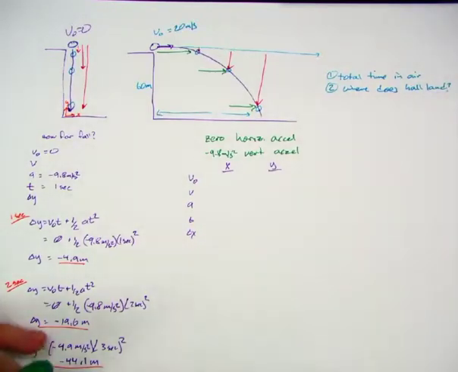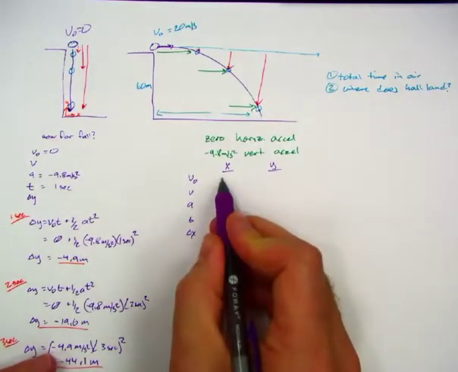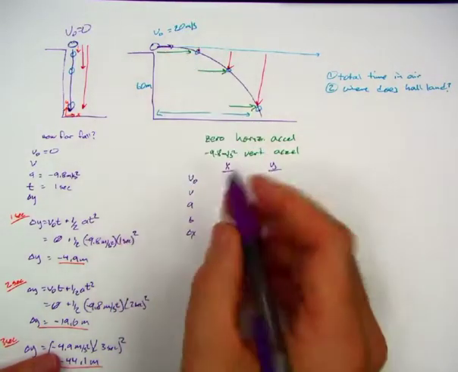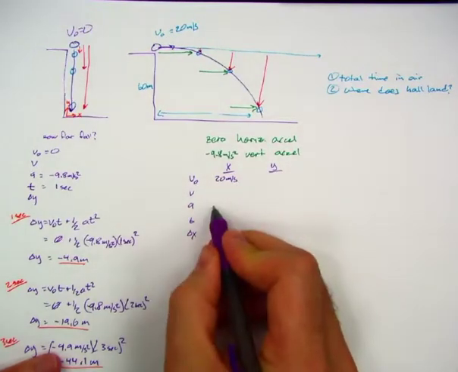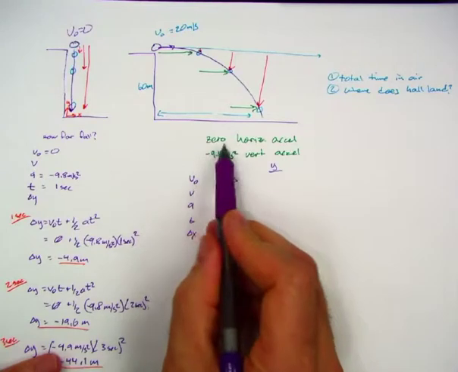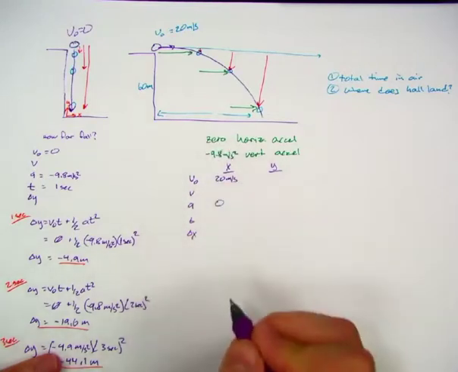Okay, so let's plug in what we know and make sure that we're clear on that. What do I know? Do I know the horizontal velocity? I know that the horizontal velocity is 20 meters per second. I know the acceleration in the horizontal direction is 0, so I get 0 acceleration.